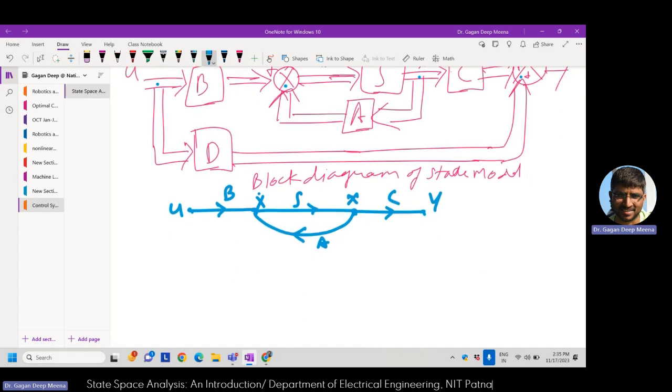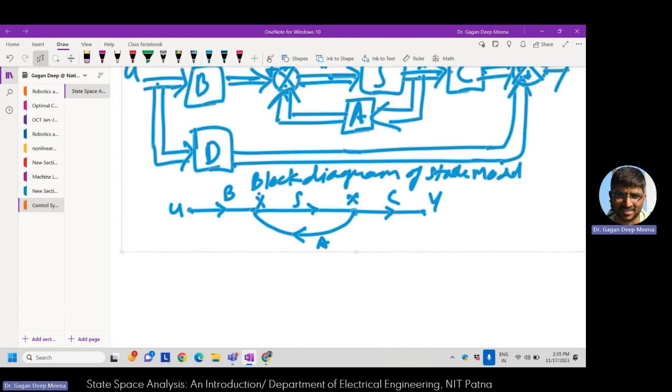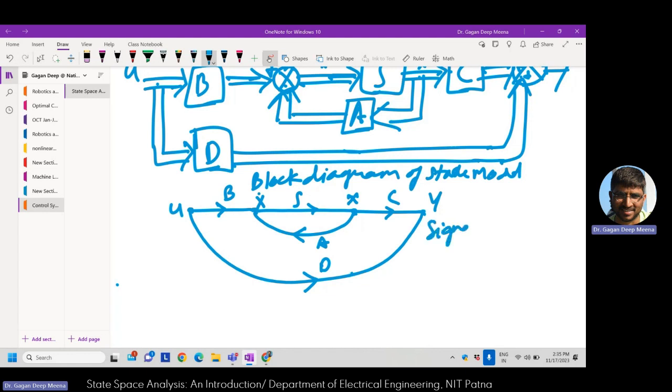Again I'll make another branch, which will go from u to y in the forward direction. In this way, I can make the signal flow graph of the representation of the state model. So that's my state model.